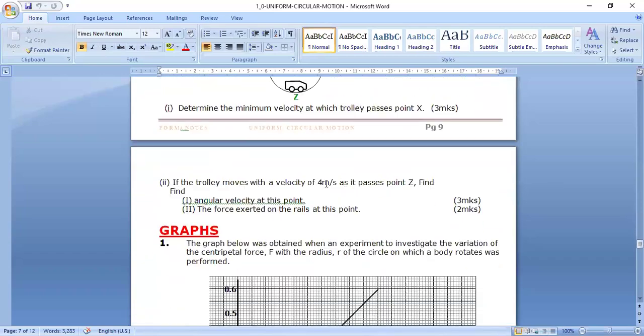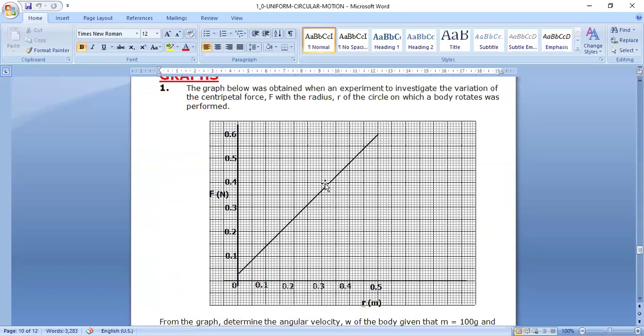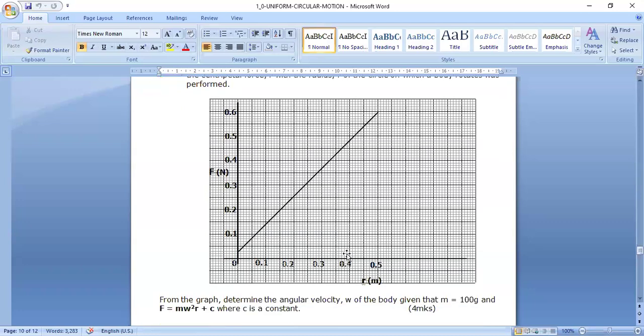Now we have these questions on graphs. Because remember, graphs are also set in theory. A graph can be drawn for you, and then you are asked to answer the questions that follow. So the graph below was obtained when an experiment to investigate the variation of centripetal force F with radius r of the circle on which the body rotates was performed. I think we can see the values are very clear. We have force in newtons, radius in meters.